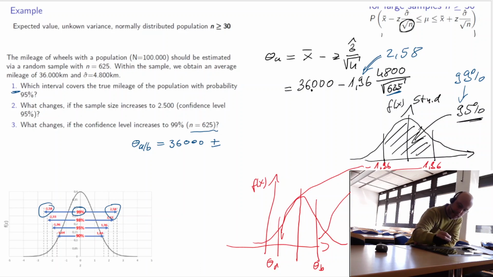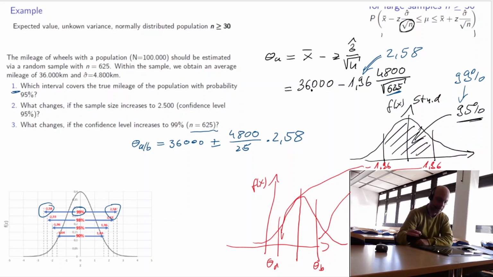2.58, and we obtain theta A,B equals 36,000 plus minus 48 over 25 times 2.58.